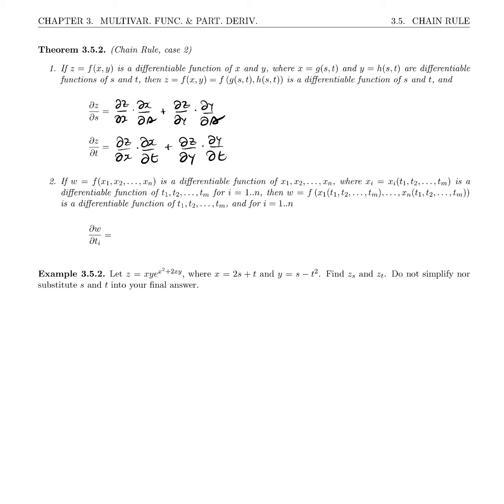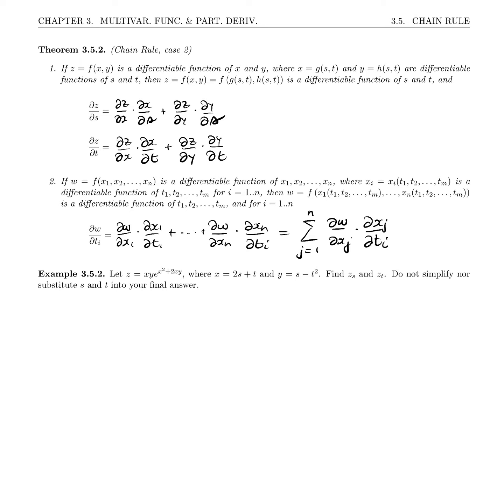And the partial of w with respect to the ith t variable, del w del ti, is del w del x1 times del x1 del ti plus all the way up to del w del xn times del xn del ti, which can be described more succinctly as a sum from j equals 1 to n of del w del xj times del xj del ti.